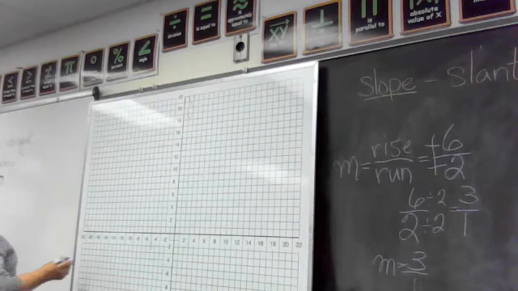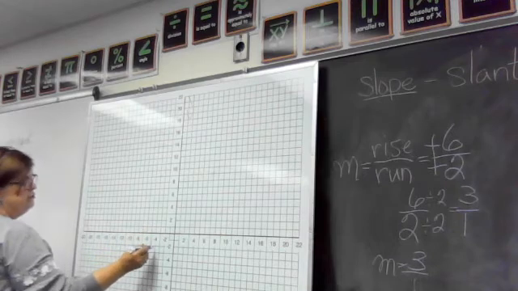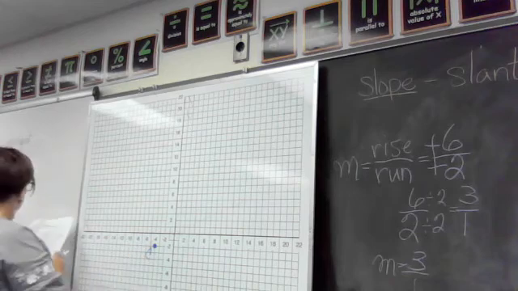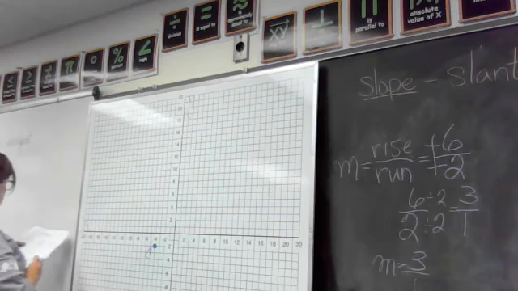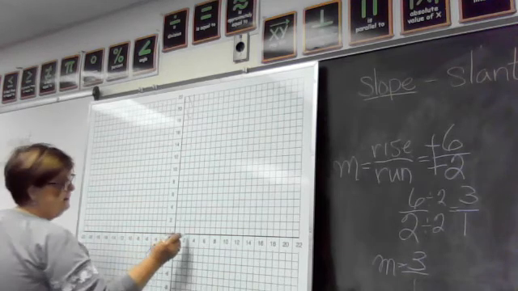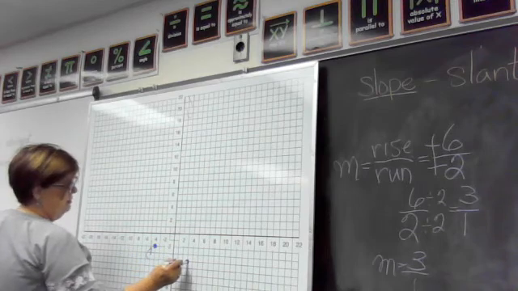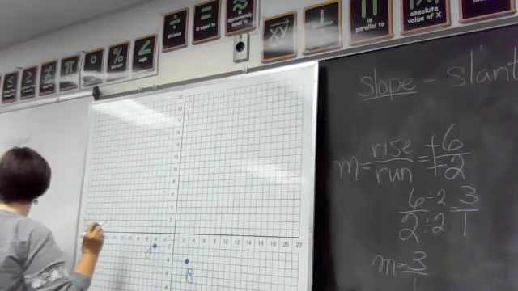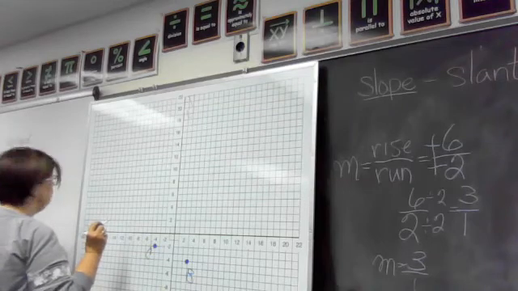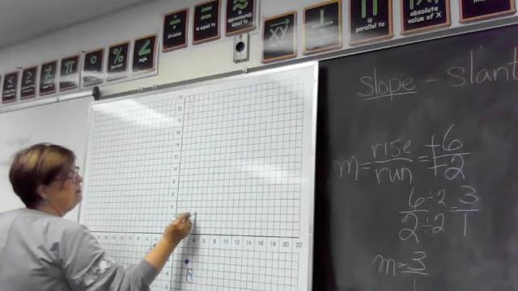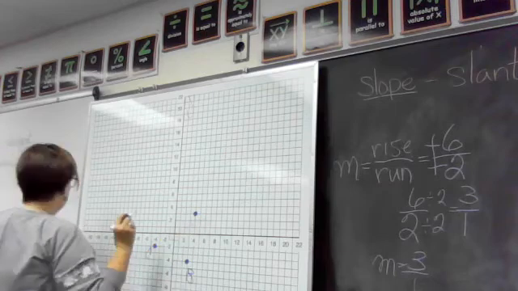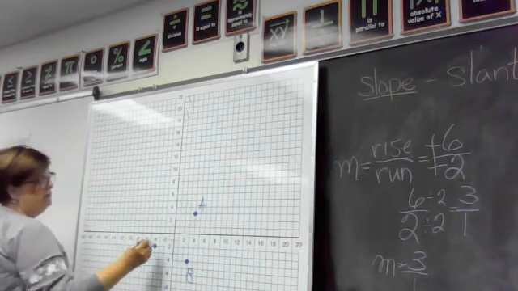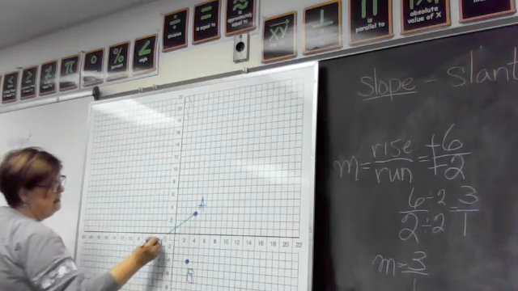-4, -2. They have this, and they call that C. And 3, -4, and they call this one B. And A is 4, 3, and they called that one A. Okay, and then the lines are connected.